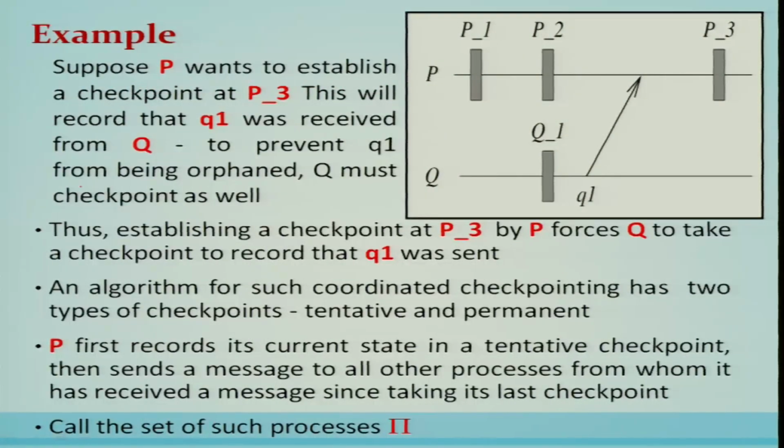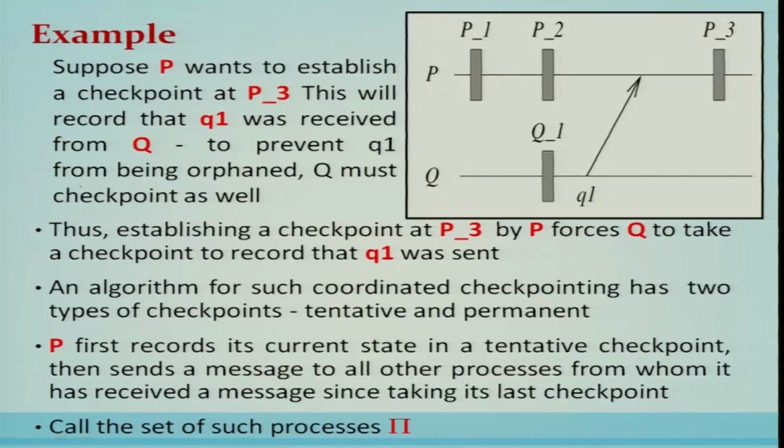So what this algorithm is doing, we can explain through this example. Here suppose process P wants to establish a checkpoint at P3. This will record that Q1 was received from the process Q. To prevent Q1 from being orphaned, Q must also take a checkpoint as well.